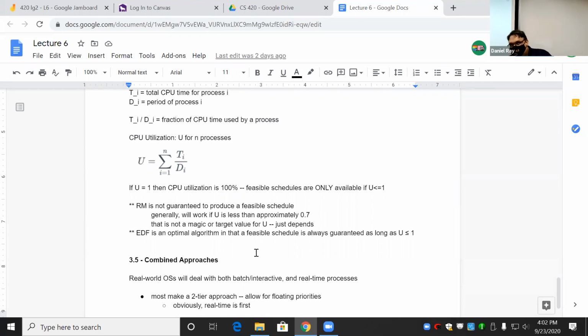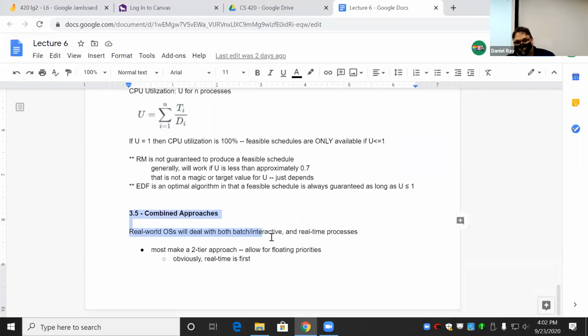Through testing, it's been determined that generally speaking, as long as U is less than approximately 0.7 or 70% utilization, then RM will generally give you a feasible schedule. Okay, but it's not guaranteed even at that level to give you a feasible schedule. So it just means more often than not, you'll get a feasible schedule out of the rate monotonic algorithm if the required utilization is below 70%.